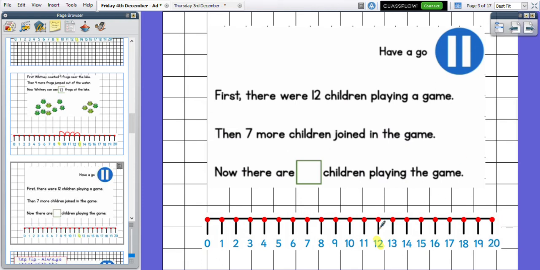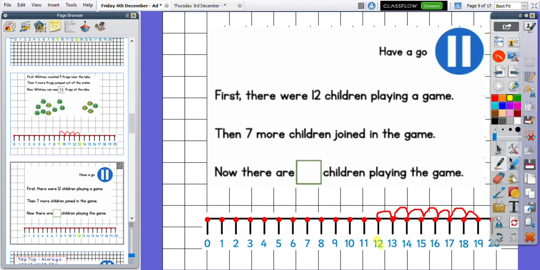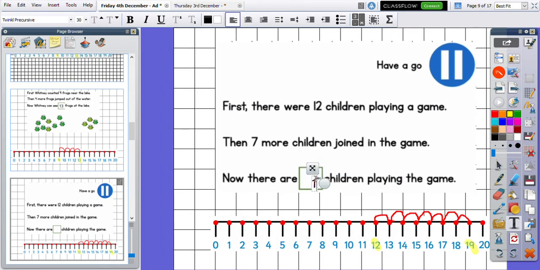I'm going to count on 7. 1, 2, 3, 4, 5, 6, 7, and I end up on the number 19. So in my box, I can put the number 19 because we have started at 12. 7 more than 12 will give me 19.